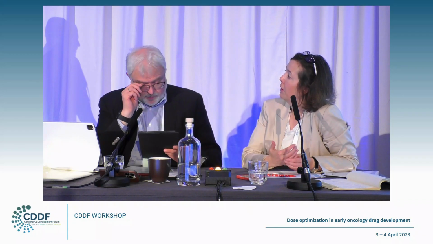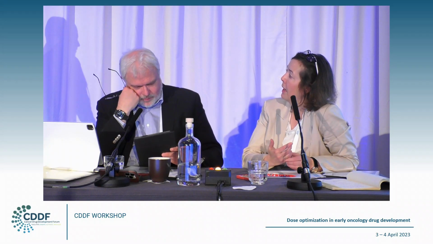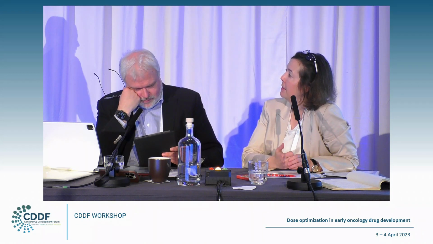But most probably as an assessor of a marketing authorization application, you see it once or twice during scientific advice, but then you are presented with the final data. So what is your approach at the Medical Products Agency at the moment when you give advice on clinical trial applications? Are you actively recommending to include an element of dose optimization when you see clinical trials coming your way?